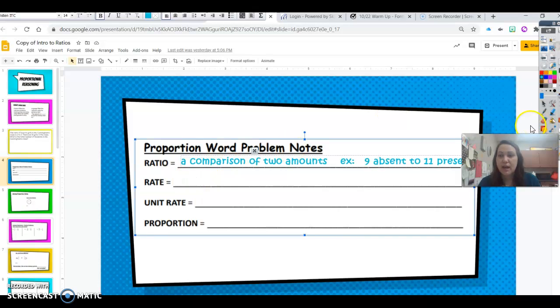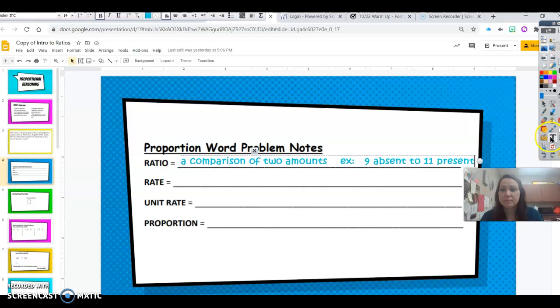Okay, so next we have a rate. A rate is a ratio where the amounts have different labels or units. I keep spelling labels wrong.